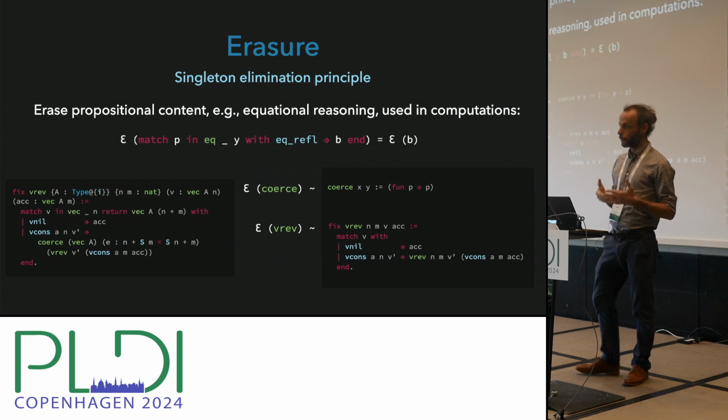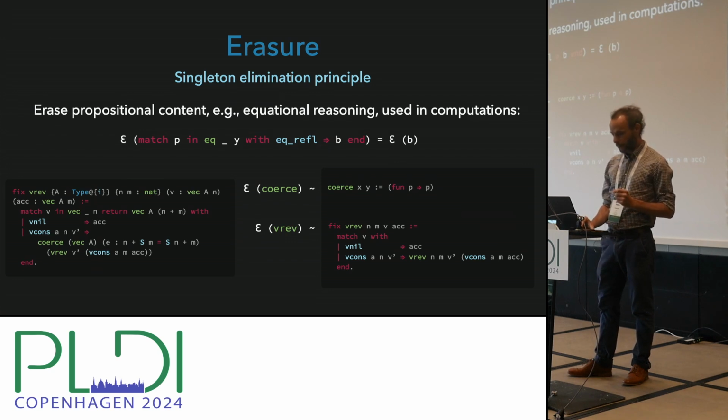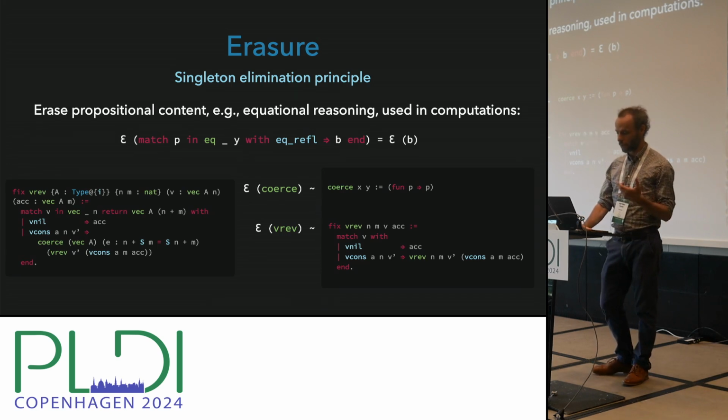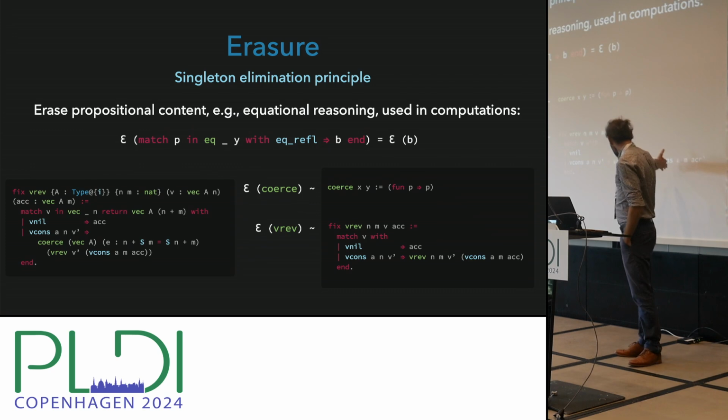And what erasure does is really just erase the cast, forget about it. So if I start from this Coq function, which implements reversal of a vector, annotated with types and coercions, erasure will really just produce the computational content of basically list reversal where we have indices around.